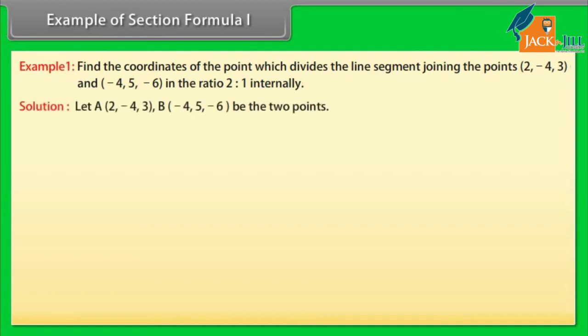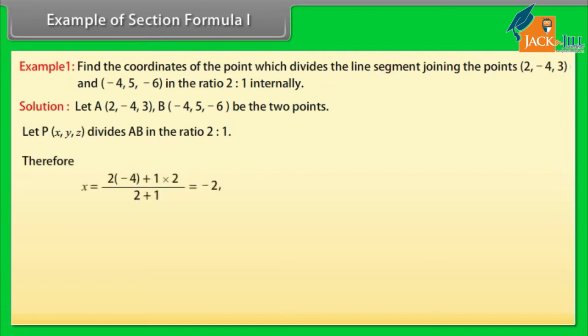Let A (2, -4, 3) and B (-4, 5, -6) be the two points. Let P (x, y, z) divide AB in the ratio 2:1. Therefore, x is equal to (2 into -4 plus 1 into 2) divided by (2 plus 1), which is equal to -2.